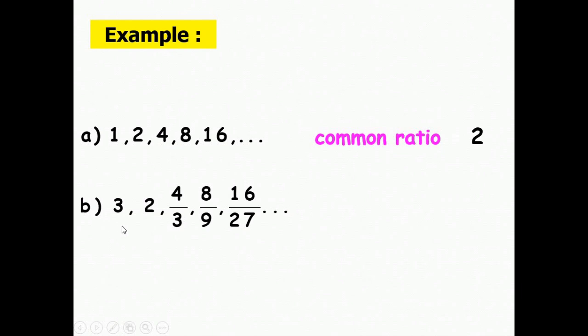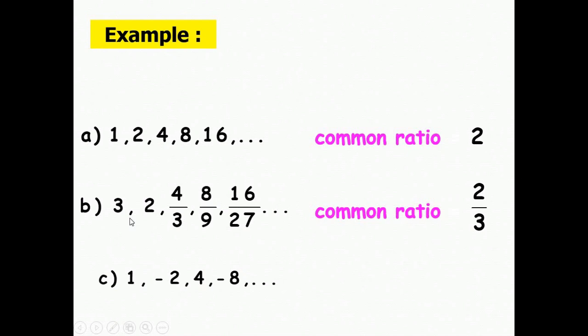Example B, the common ratio is T2 divided by T1, which is 2 over 3. And example C, the common ratio is negative 2, from T2 divided by T1 or T3 divided by T2 and so on.